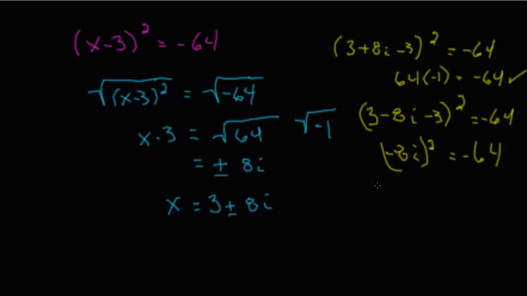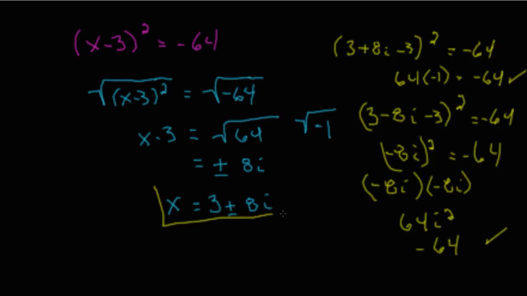So negative 8i times a negative 8i gives us a positive 64 i squared, but i squared, remember, is a negative 1, so that does give us a negative 64. So that checks out too. So our solutions for this equation are also two solutions. It's x equals 3 plus 8i or x equals 3 minus 8i.